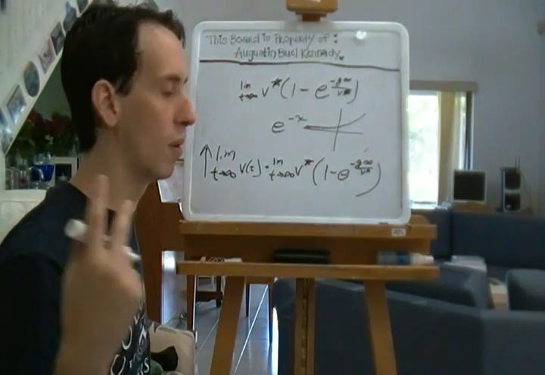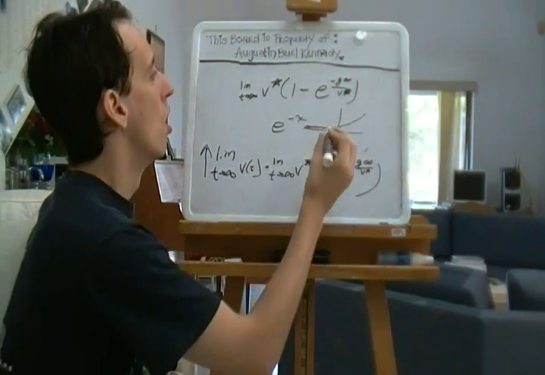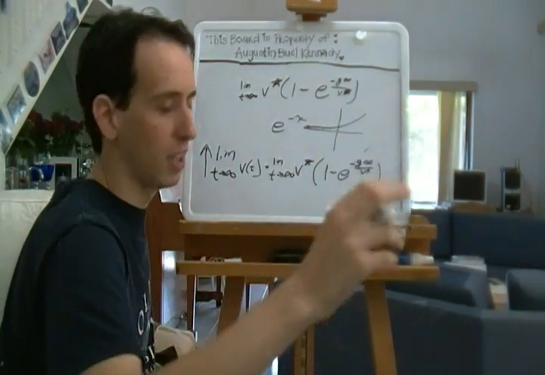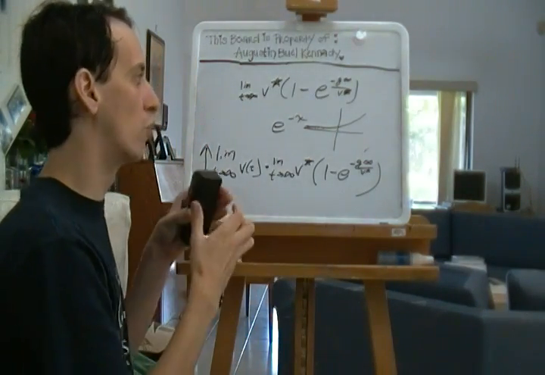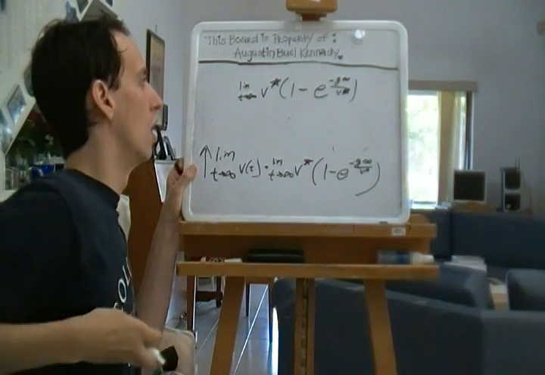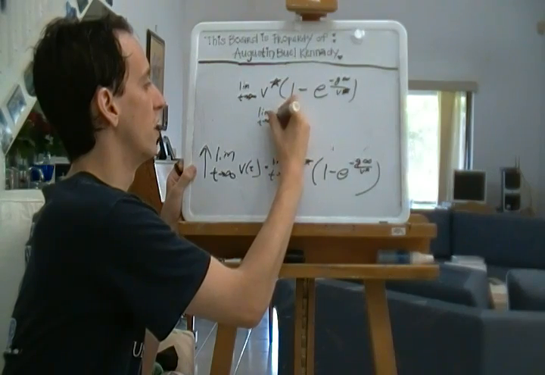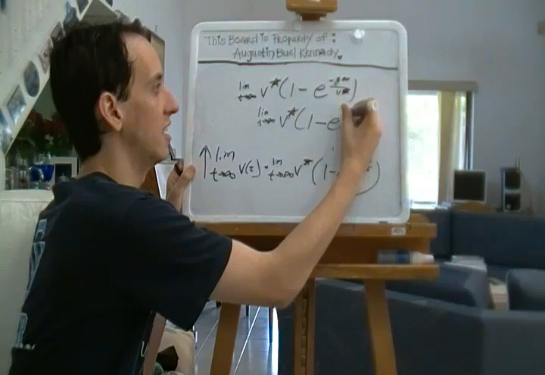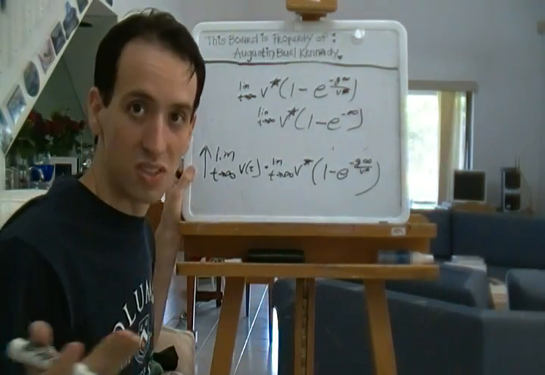So basically, if you remember what we also talked about, which is the highest degree order thing, we realized that if t is infinity, then g and v don't really matter. So what we're looking at now is really the limit as t approaches infinity of v star times 1 minus e to the negative infinity, which is the same as 0.